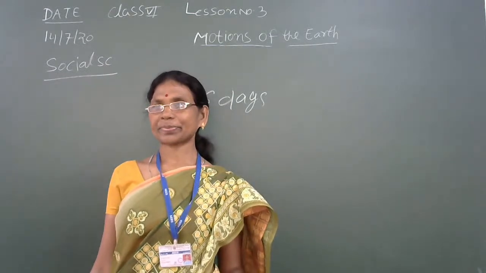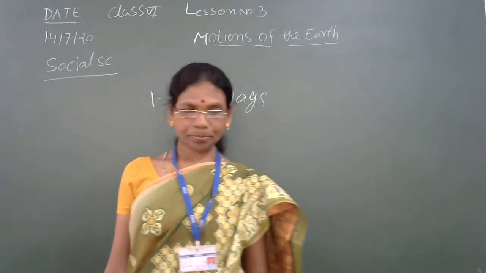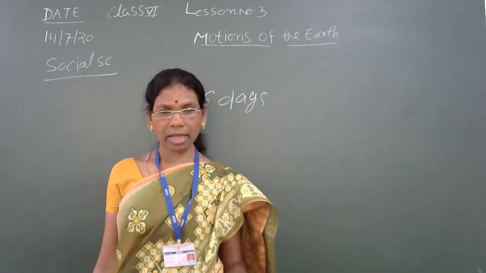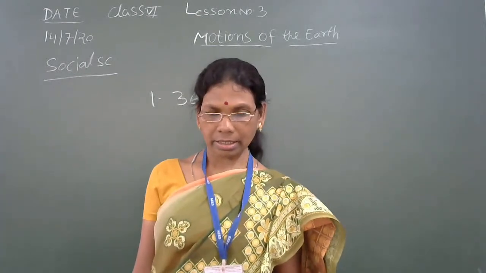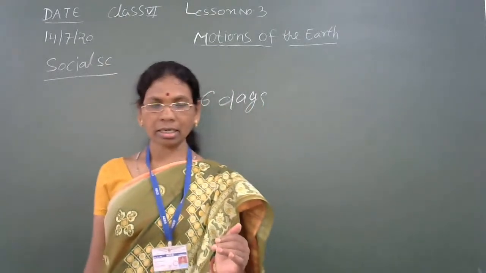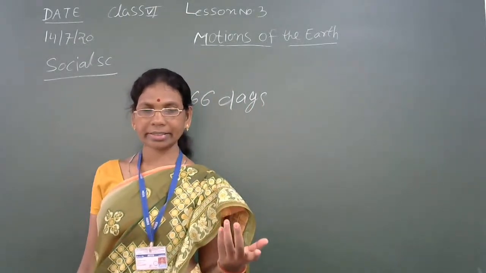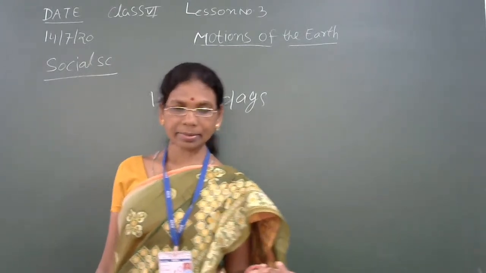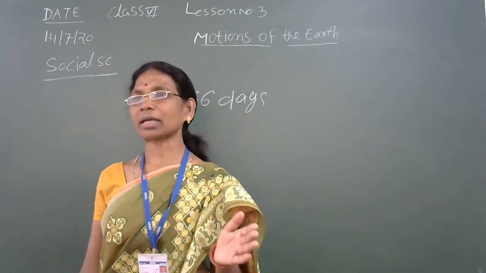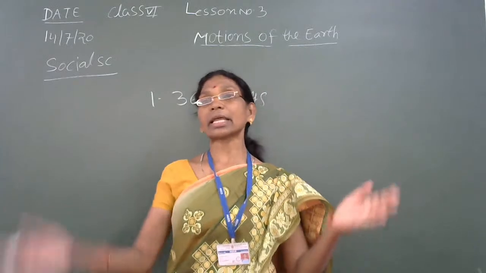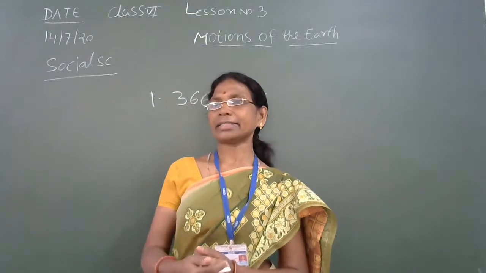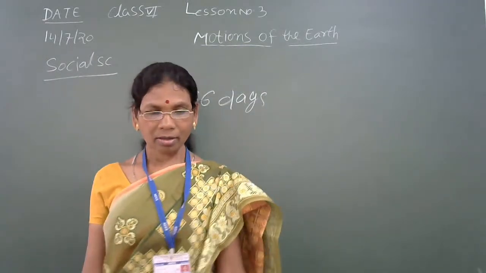Third, the earth travels around the sun. It means the earth moves around the sun in dash orbit. Tell me the answer. Very good answer. That is elliptical path, or now you can say elliptical orbit.